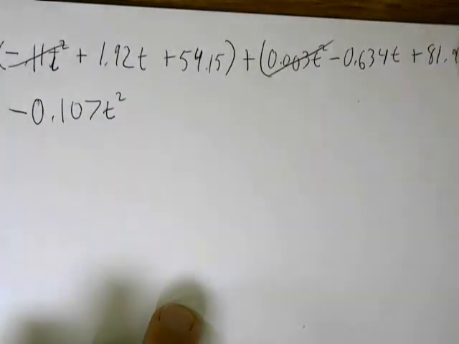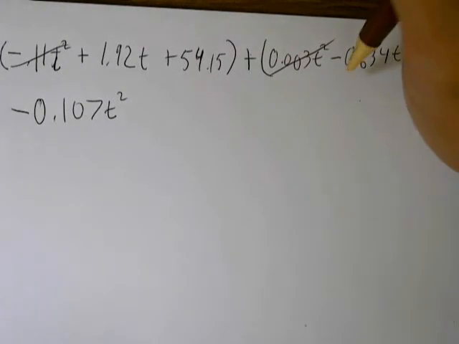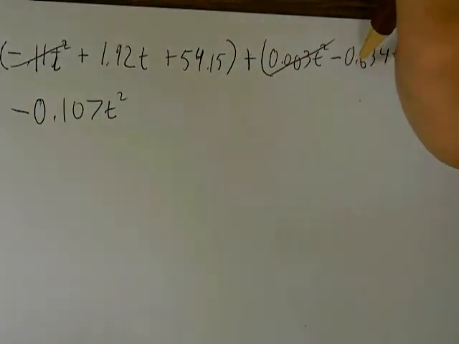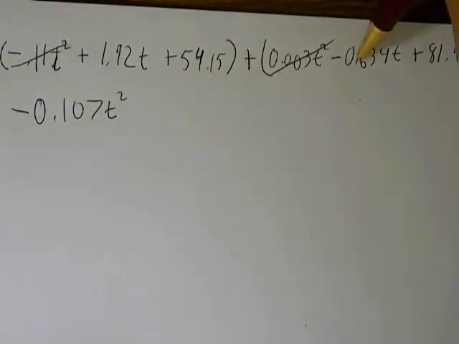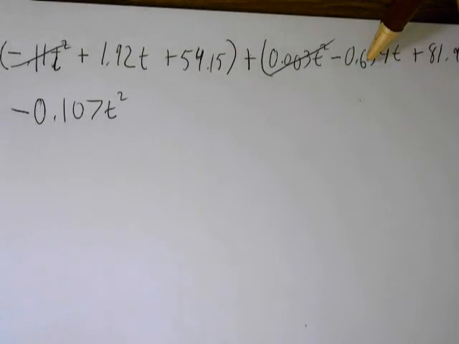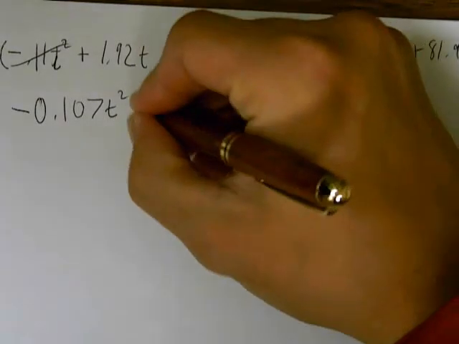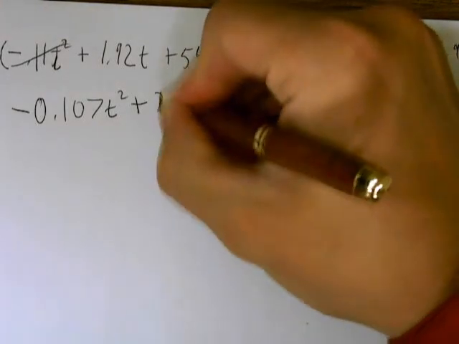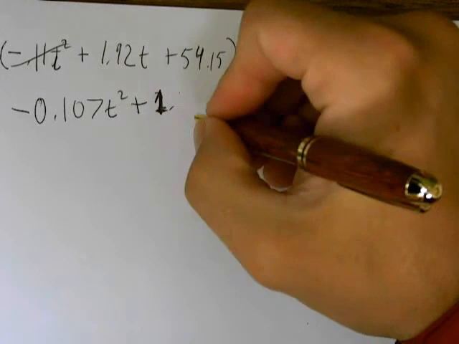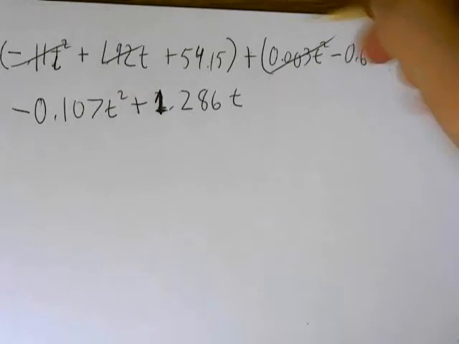Next, I have this one, so I'm going to go 1.92 plus negative, or minus. I'm just going to put minus because it's the same thing, plus negative and minus. So minus 0.634, enter. So that is plus, or positive, 1.286 t. So I've taken care of these two.